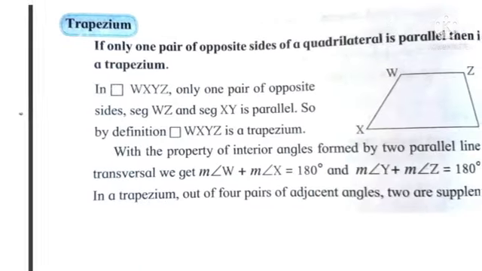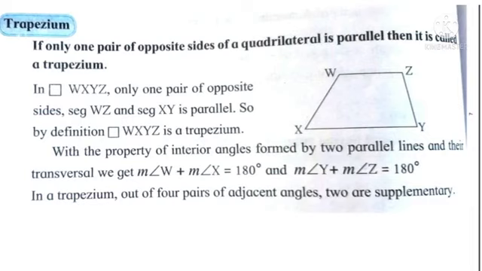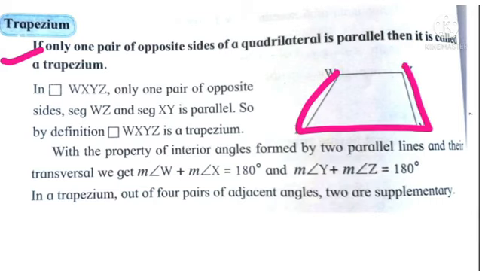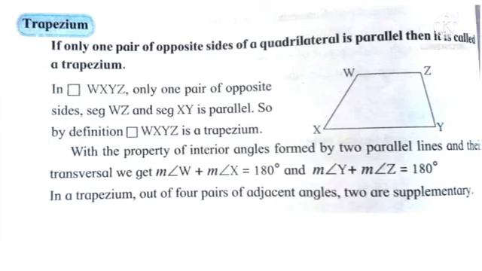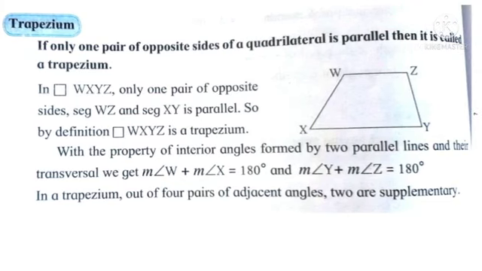Next type of quadrilateral is trapezium. We say in Marathi as samlamba chaukon. If one pair of opposite sides of a quadrilateral is parallel, then we call it as trapezium. See in the figure, WXYZ is the trapezium, in which, see here, which sides are parallel? WZ is parallel to XY.